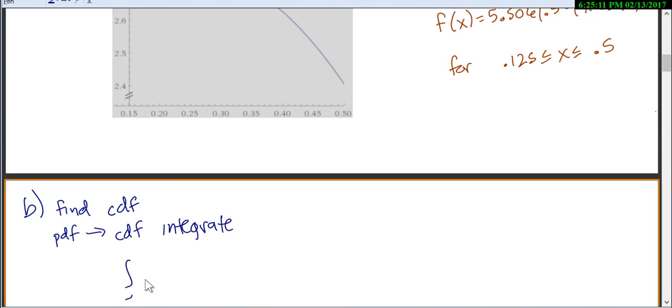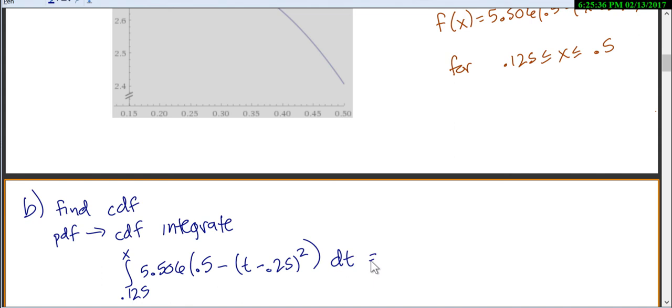So we want to integrate, and they say start at negative infinity, but really in this problem we only care about from 0.125, and we'll integrate up to x. And you're supposed to use a dummy variable. So 5.506 times 0.5 minus, we'll put in a t, minus 0.25 squared dt.